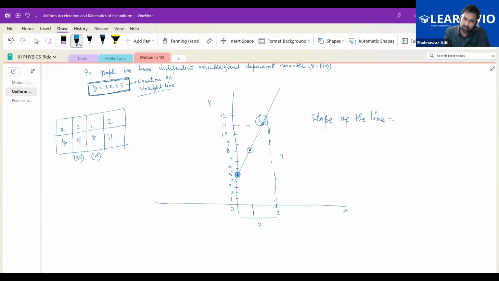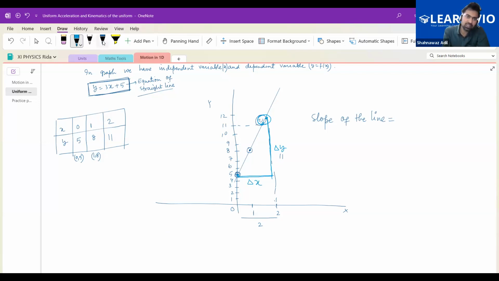So this would be this distance and this distance. This is change in y and this is change in x. So this would be the slope.